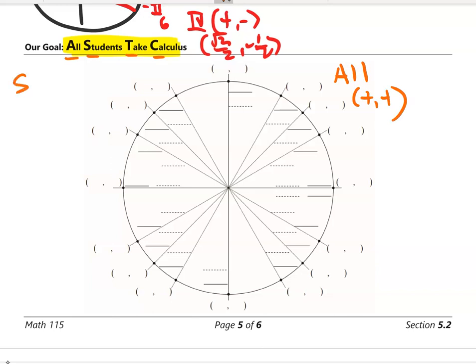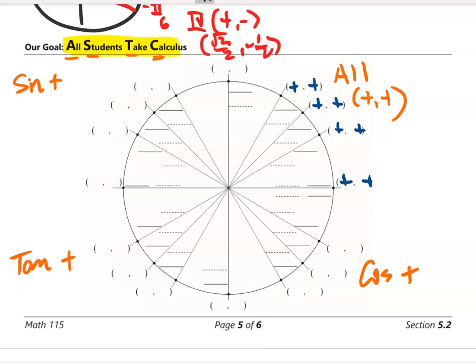S in quadrant 2, meaning sine is positive, and in quadrant 3, T, and here tangent is positive, and in quadrant 4, the letter C, which is where cosine is positive. So look at this, all meaning everything here is positive.